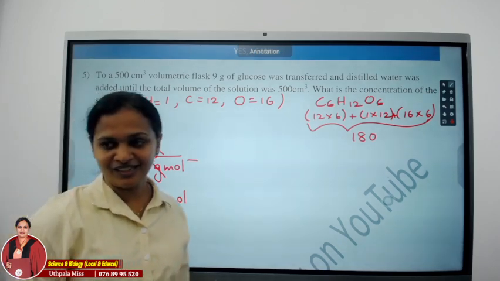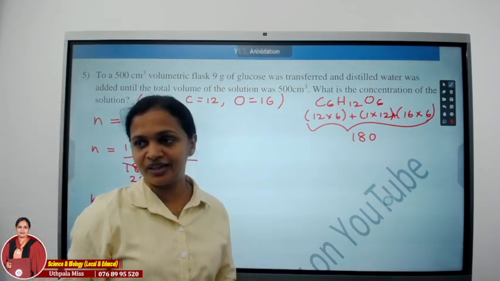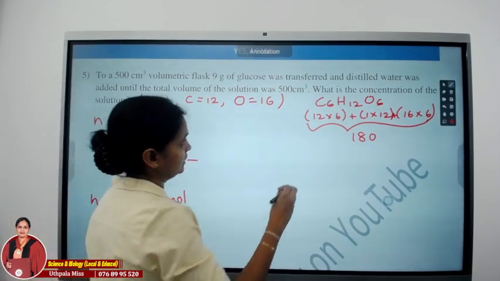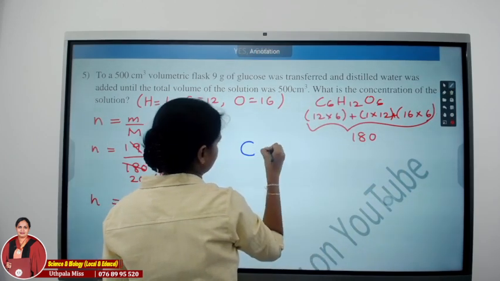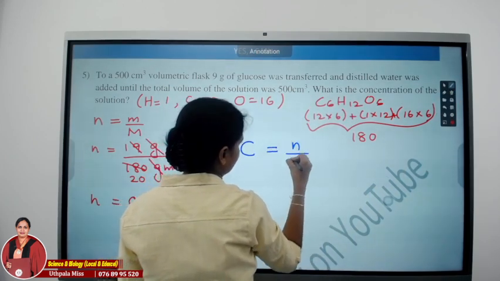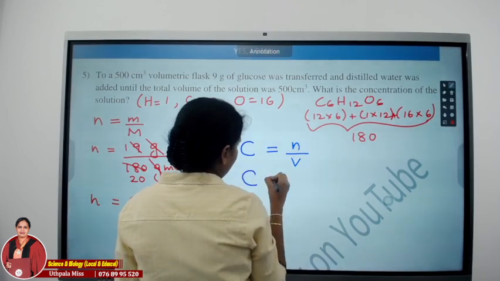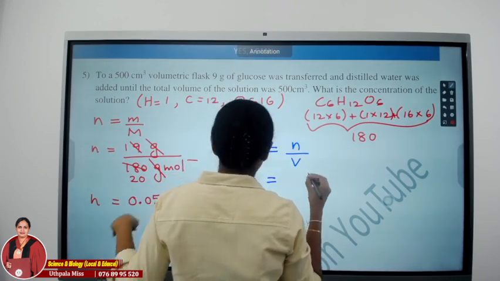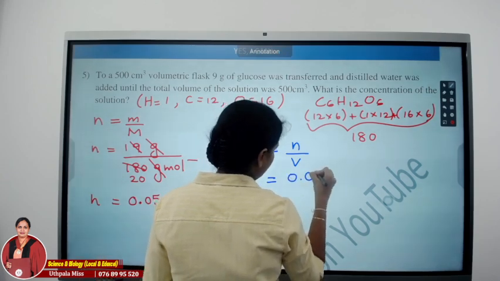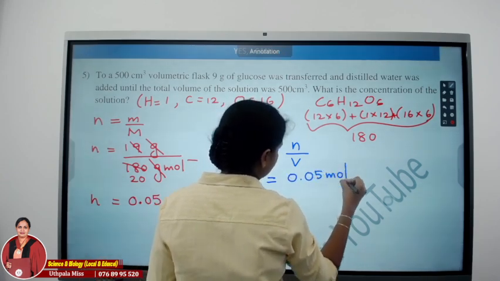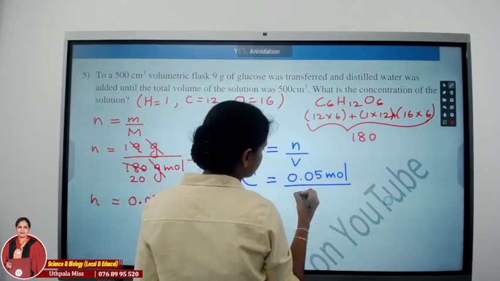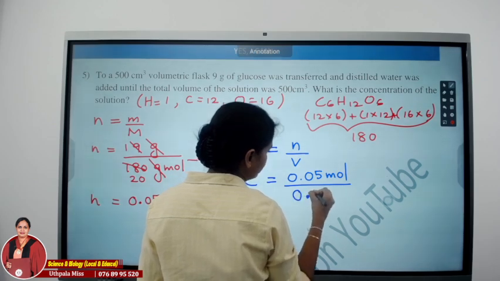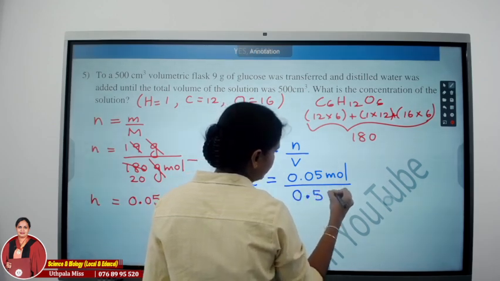Then you are supposed to calculate the concentration. The concentration is given as C equals N over V. The number of moles is 0.05 moles. The volume is 500 cubic centimeters, which is 0.5 cubic decimeters.